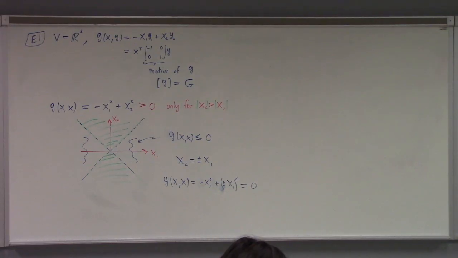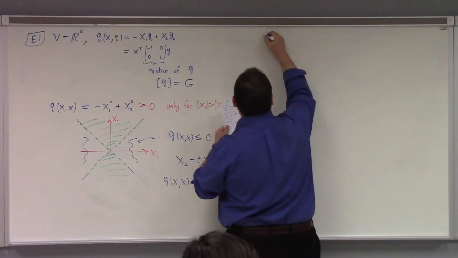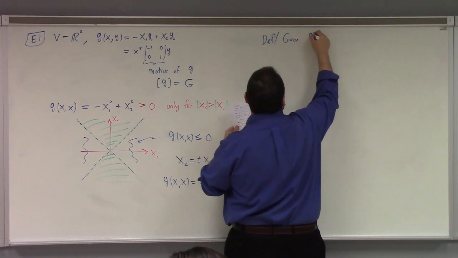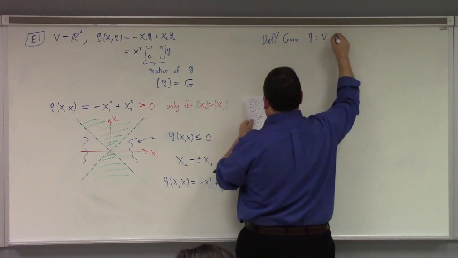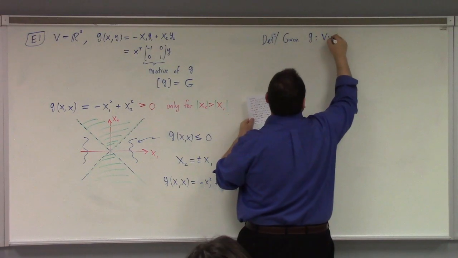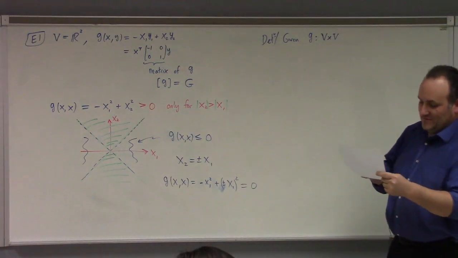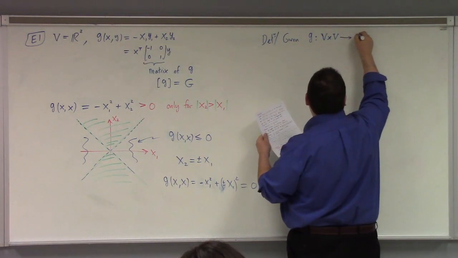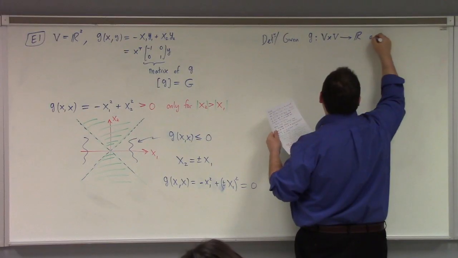Next, I want to define the matrix with respect to a basis. Definition: given G, a metric. I've written G goes from V to V, which is pure nonsense. The metric goes from V cross V to the reals in our context.